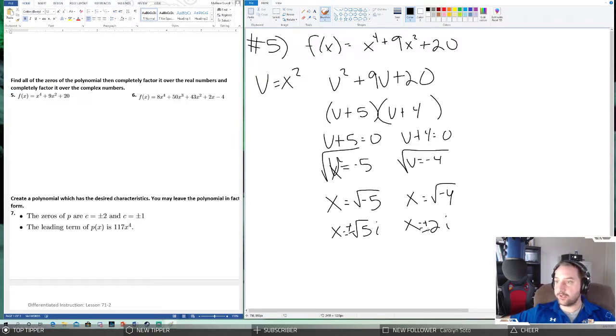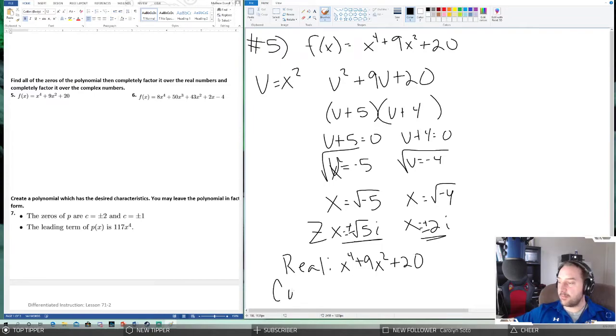So those are all the zeros. Now when it says factor over real, whenever I did anything here, all of a sudden I got imaginary. So factoring over real, that's just going to be x to the 4th plus 9x squared plus 20.